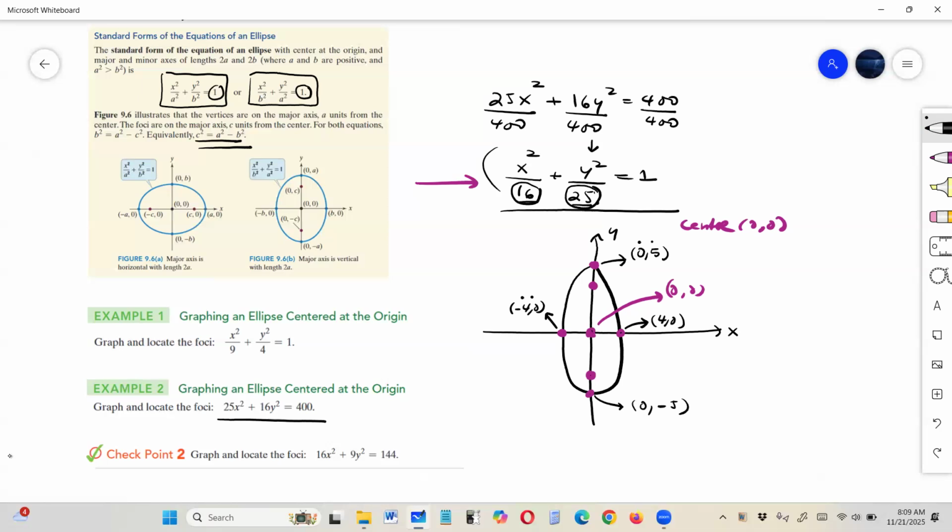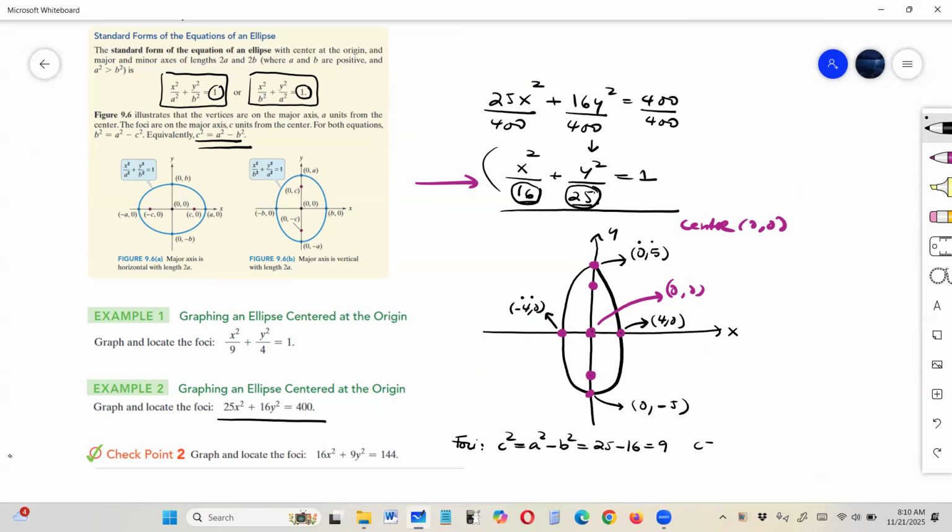So we have almost everything with the exception of the 2 foci. For the foci, again, I need to use the formula c squared equals a squared minus b squared, where obviously a squared is the larger one. So 25 minus 16. What is that? 9.